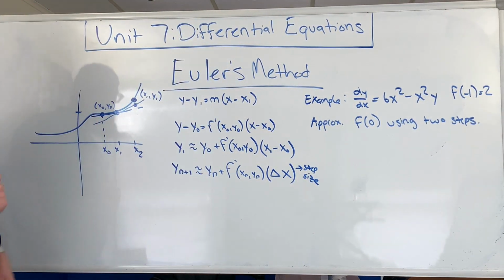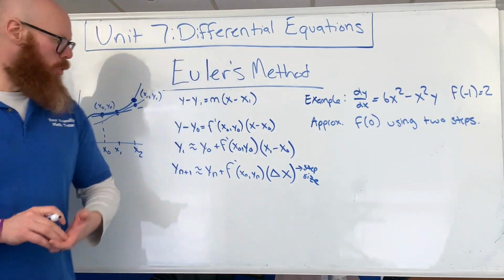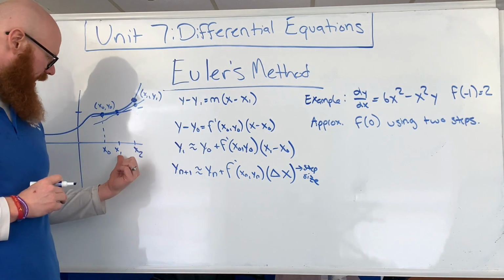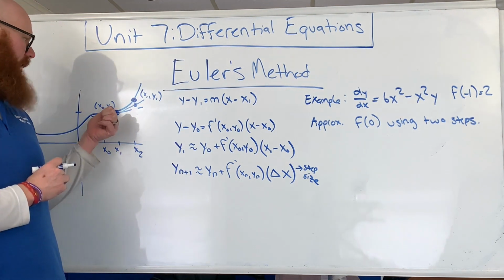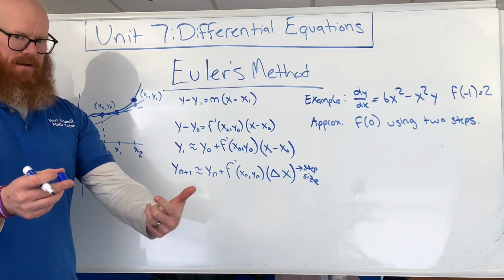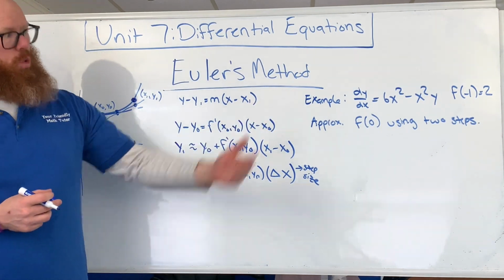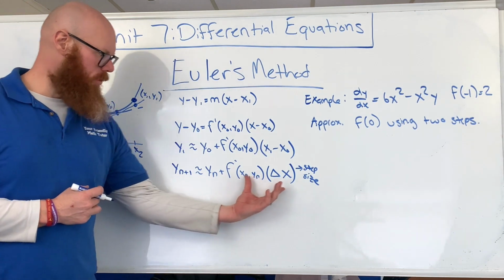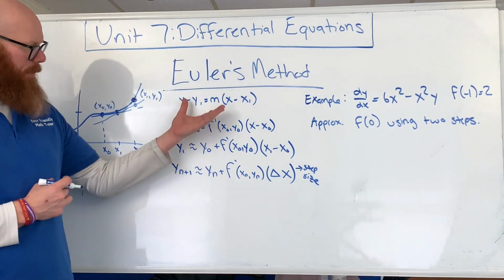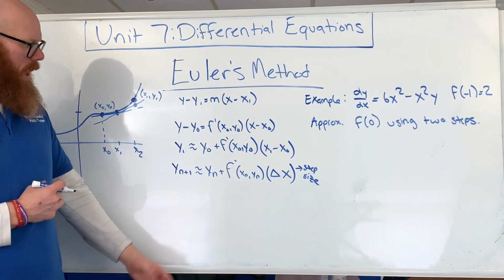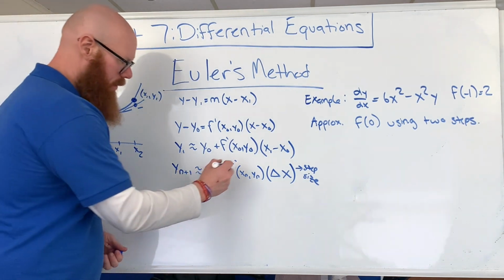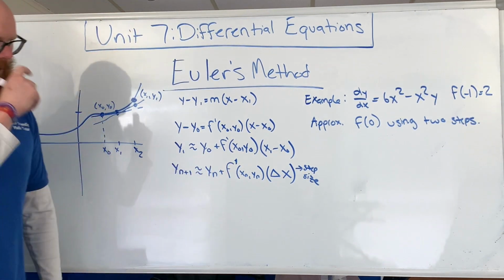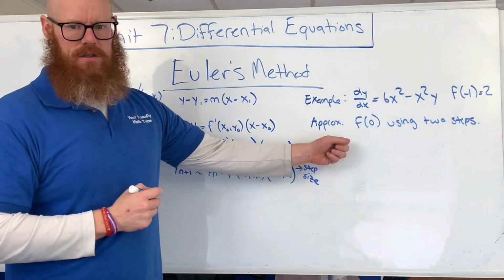And it becomes what we call a recursive process. So we're going to do it to find y sub 1, and then we're going to do it again and again and again. We're only going to do it twice because, again, it kind of just becomes busy work. But this is our general idea that comes from the point-slope formula, and this is called Euler's method. So let's see how that works in an example.